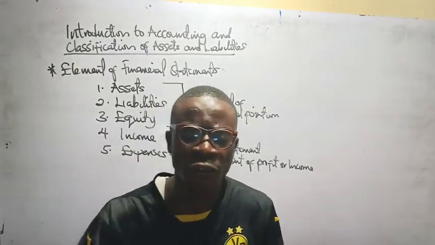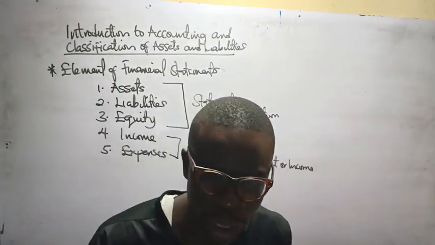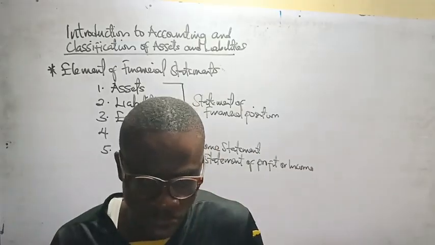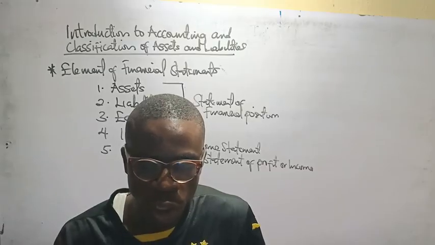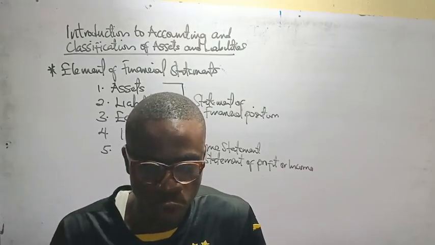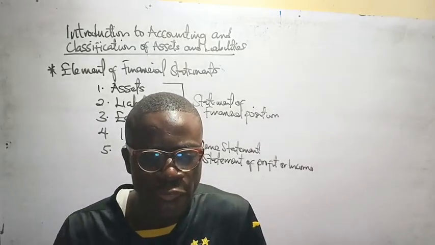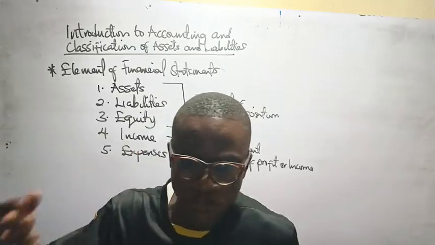Just imagine that they don't have laptops, desktops, buildings, or anything. Would they be able to generate revenue or income without those resources? It is not possible. So that's why we say they are resources of an entity that provide future economic benefits.